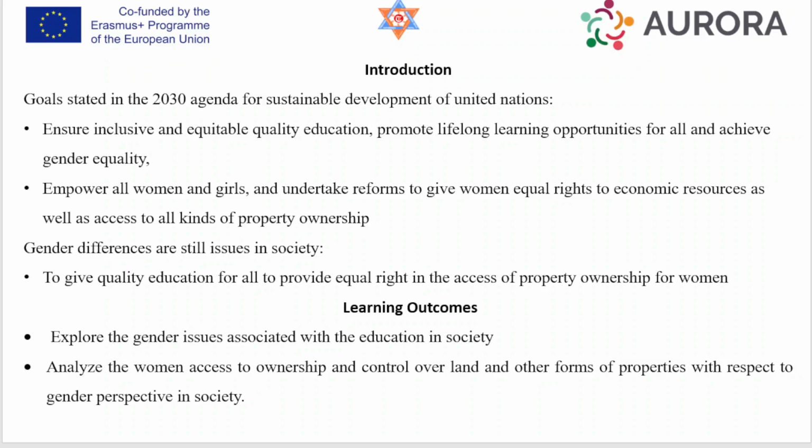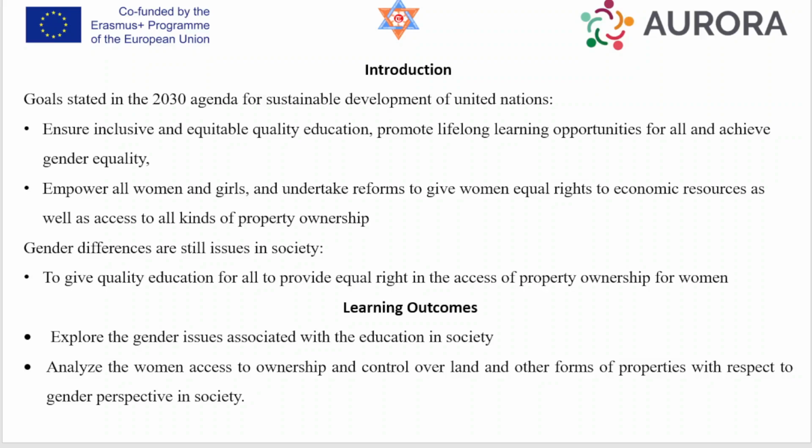In line with the United Nations 2030 Agenda for Sustainable Development, our focus today is on key goals: ensuring inclusive and quality education, promoting lifelong learning, achieving gender equality, and empowering women.